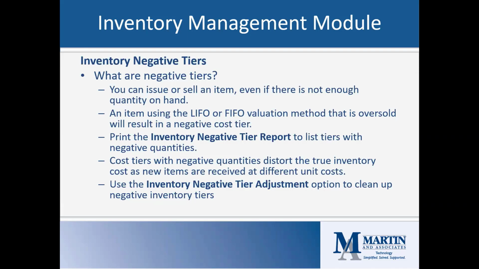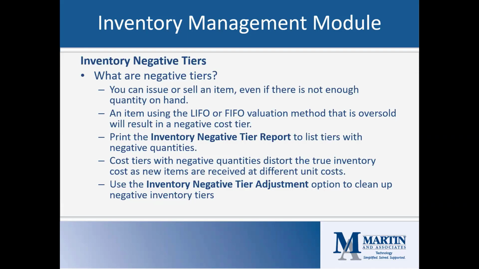Well, it could be because maybe the goods showed up at your dock, they got put on the shelf, but the receipt of goods didn't happen yet in the system. So the system might think you have zero. Somebody goes out and grabs them, ships them, the invoices get updated, so that reduces your inventory. What'll happen is the last inventory tier you were on will go negative.